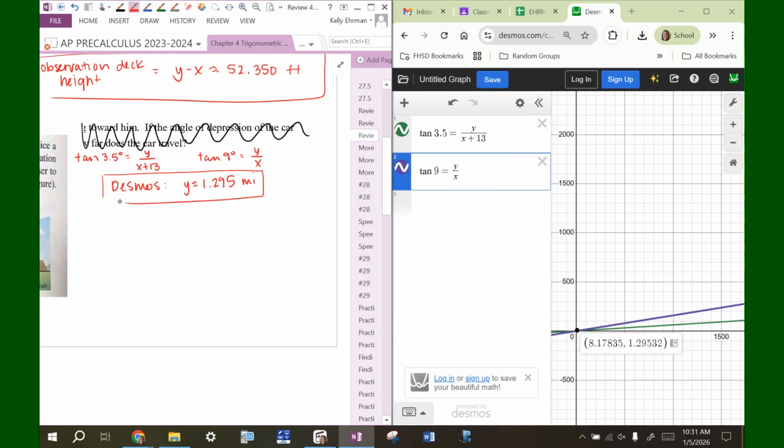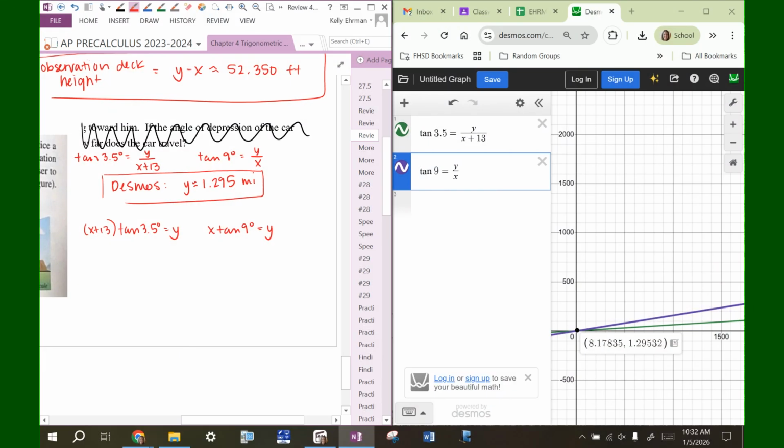What if you can't get this to work or something's going wrong? You can also solve algebraically. So you could say x plus 13 times tangent of 3.5 equals y, and x times tangent of 9 equals y. You could graph those two lines and find their intersection point, but I think if you're going to graph, you would do it from the original.